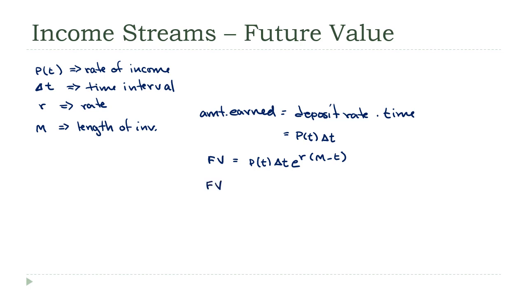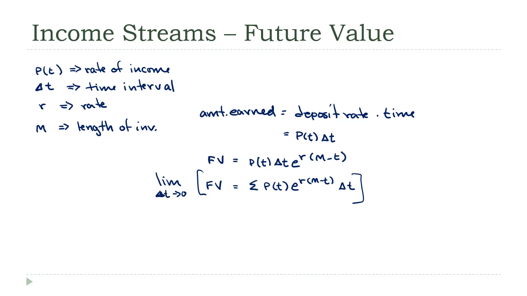The total future value is the sum of all these individual future values. Again, I'm going to rearrange this to put the delta t at the end, just because that's customary. Then I will take the limit as delta t goes to 0.